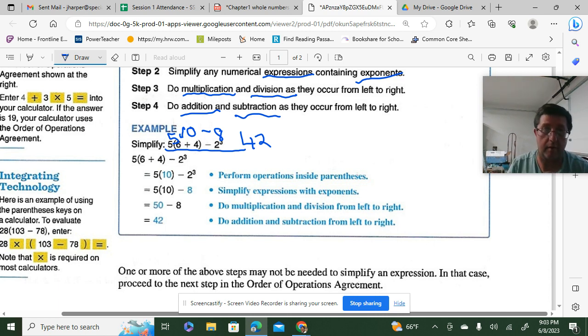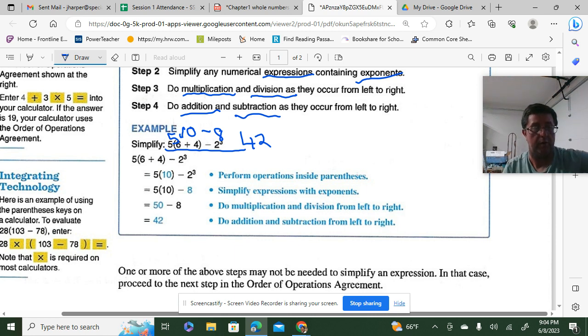So let's go 5 times parentheses 6 plus 4 end parentheses, minus 2 to the third power, equals, and I just got 42 on the calculator.